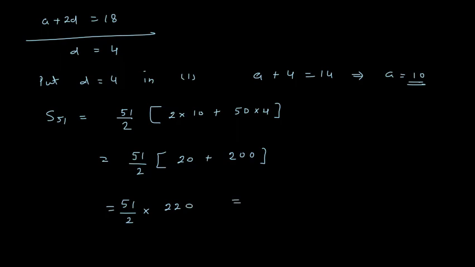So 51 into 110. Now 0 I will write here. 11 1s are 11. 11 5s are 55 plus 1, 56. So 5610. It is the value of the sum of 51 terms. So S51 is equal to 5610.